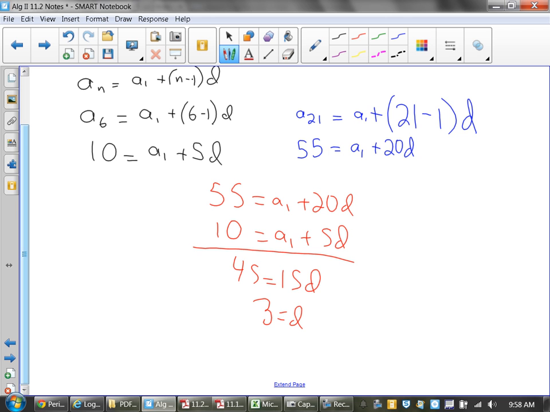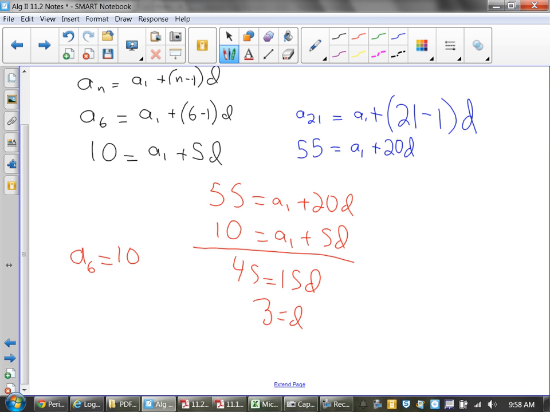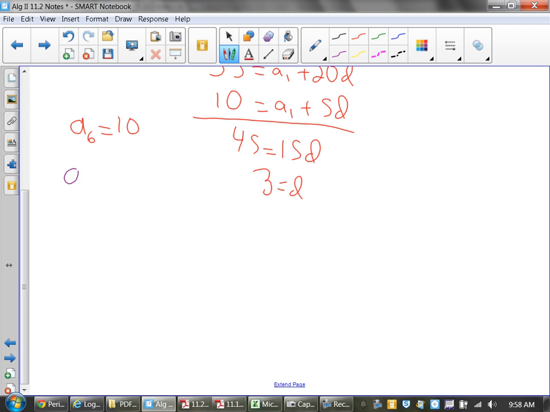But in this case, we're not done though. All I know is that I have a difference value of 3. I still don't know what my first term was. But I do know that my sixth term was 10. So you fall back then to the original equation.